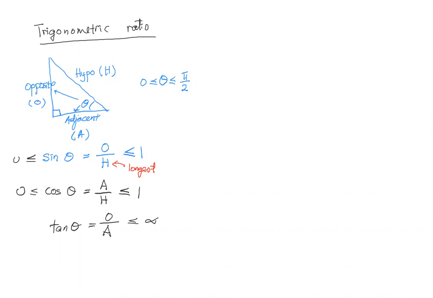If my angle is more than 90 degrees, then how? If my angle is more than pi by 2, then how?